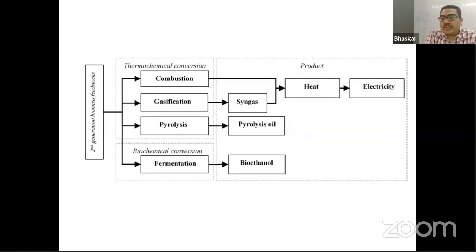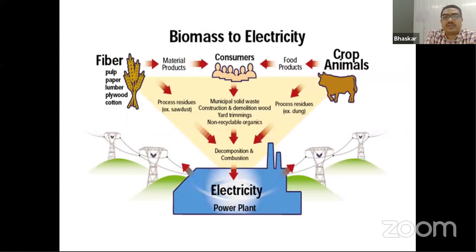Then pyrolysis oil, we can get, which is called bio oil also, and we can generate heat and electricity from these processes. We can generate electricity also from the biomass, particularly from the municipal solid waste.